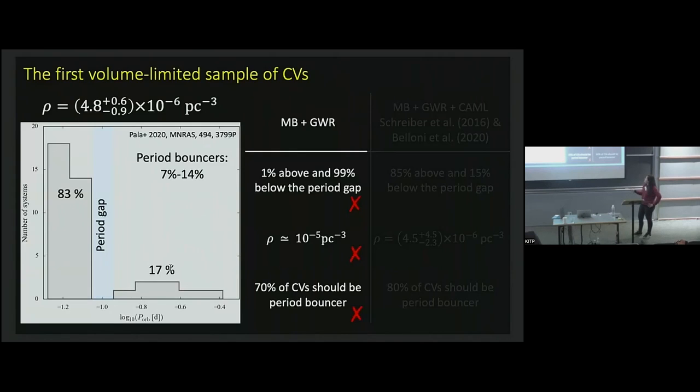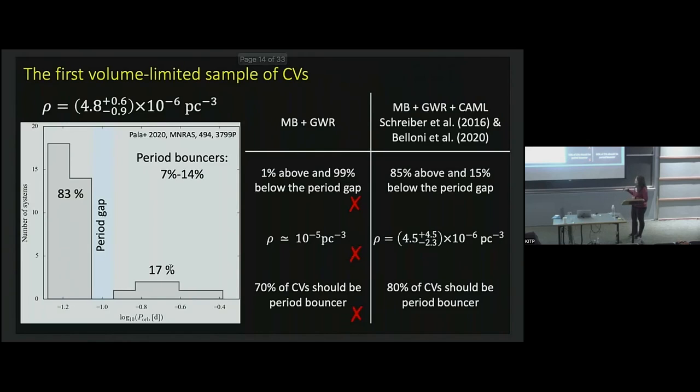We found that the majority of systems are located below the period gap and found a relatively small fraction of period bouncer CVs. If you compare this with the prediction of the standard model, you can see that there is still this disagreement, with the majority of the systems being predicted to be below the period gap, a much higher space density, and a much larger fraction of period bouncer CVs.